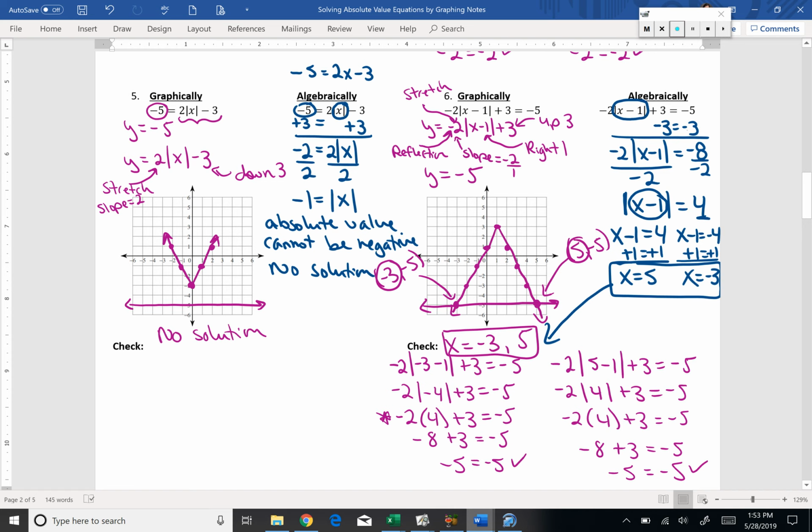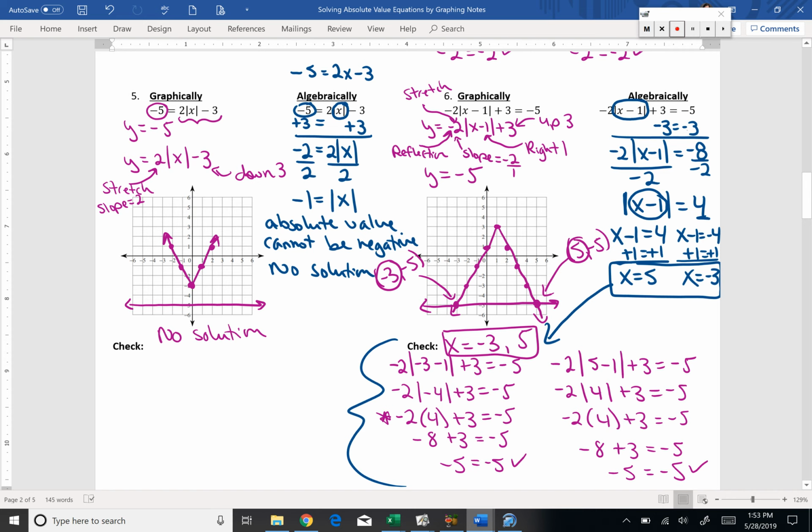Make sure you're not only using my answer key or the ones you've already graphed, but make sure you're going through that checking process. So when you take your quiz, you can check every single one of your answers and make sure you're right before you even turn it in to me.